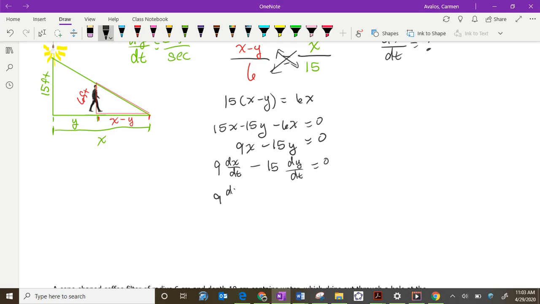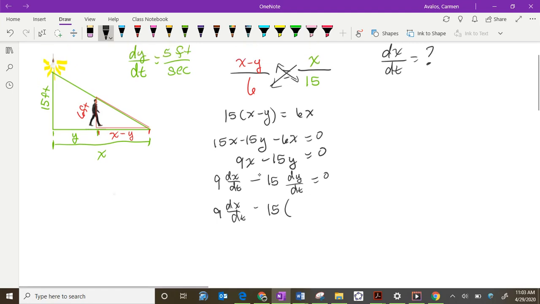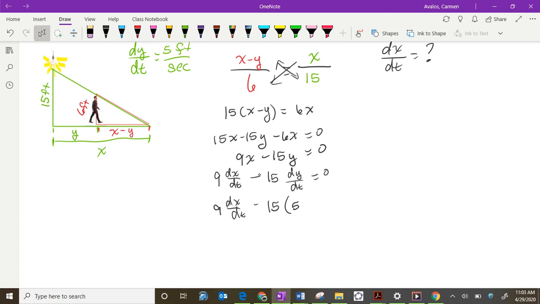And I know dy/dt is actually 5 feet per second.